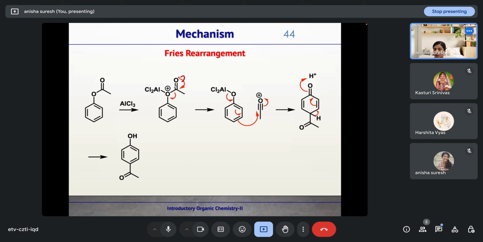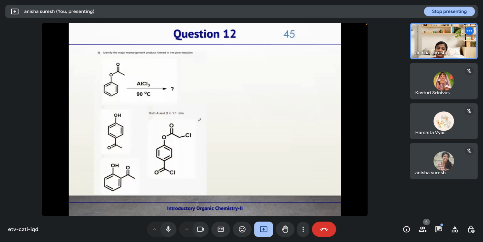If we are getting ortho product, the mechanism will be like the attack will take place from this position. So option A will be the right answer. We will be getting para product as the major product. Mechanism clear?